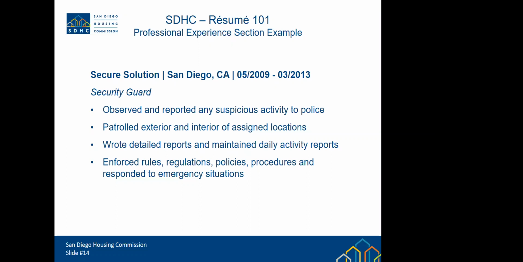Now, if you want to get a job as an admin assistant, how many skills from here are transferable to an administrative assistant position? You write reports. You maintain daily activity reports.